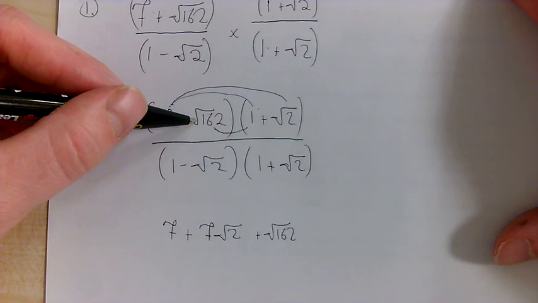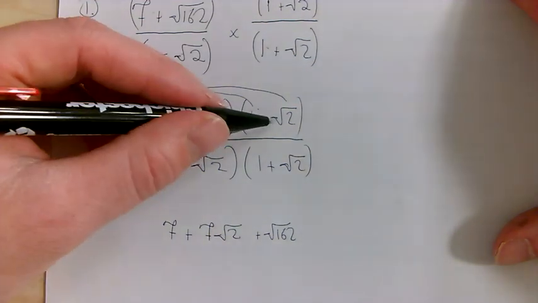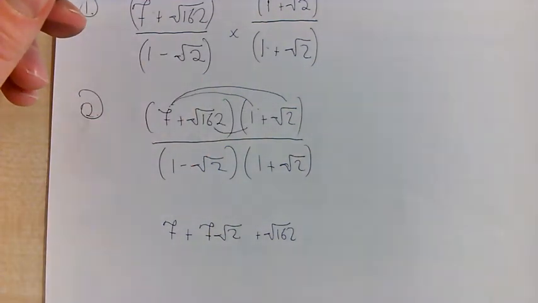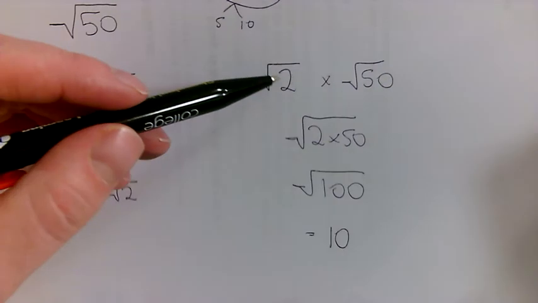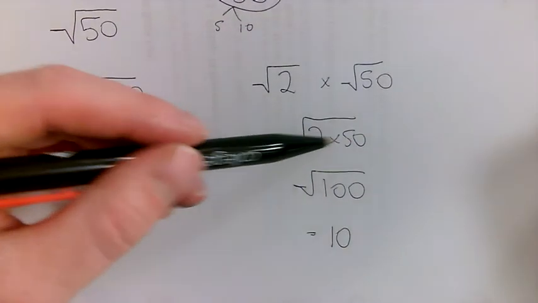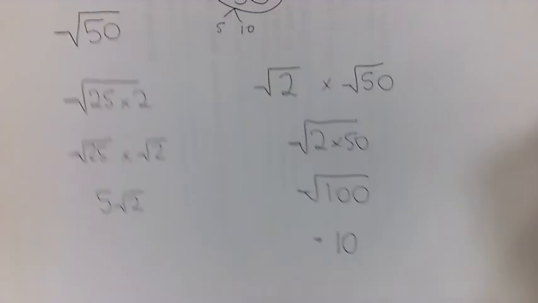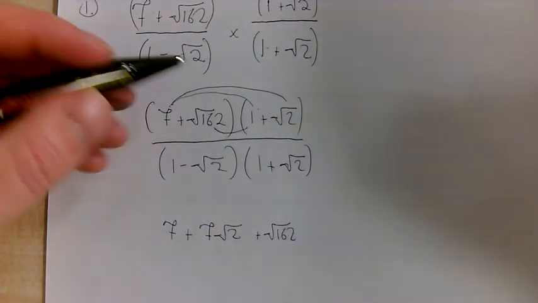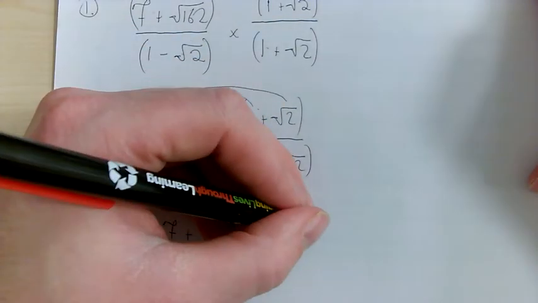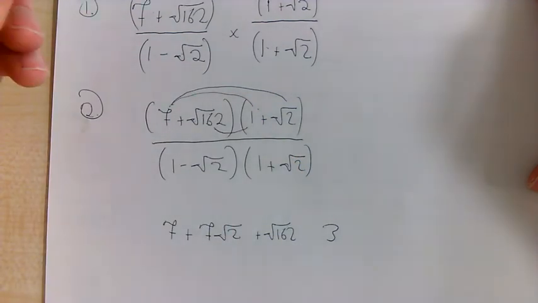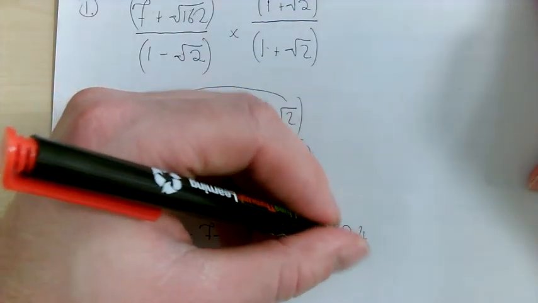And we're left with root 162 multiplied by root 2. And if you remember back to what we previously did, if you're multiplying surds, just multiply the numbers and keep the surd sign. So in this case, we're doing 162 multiplied by 2, which is 324.